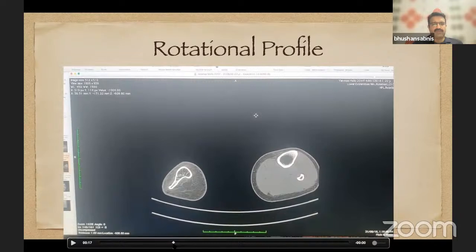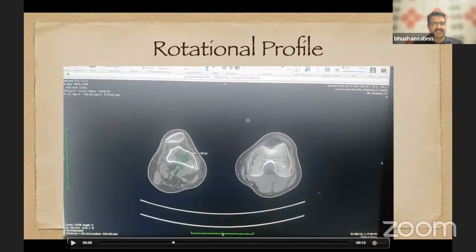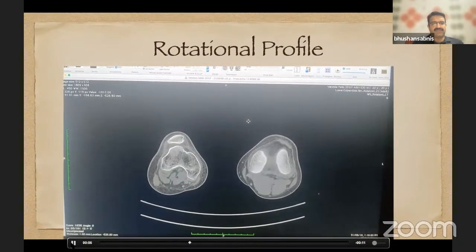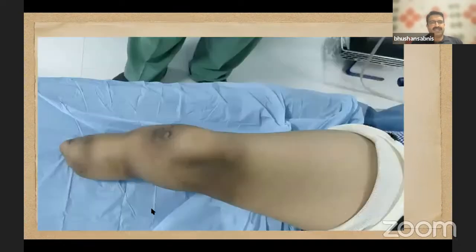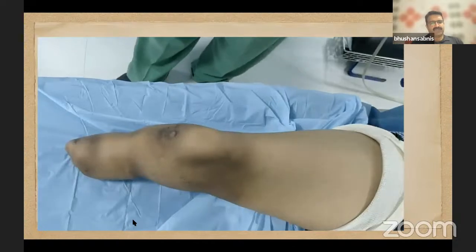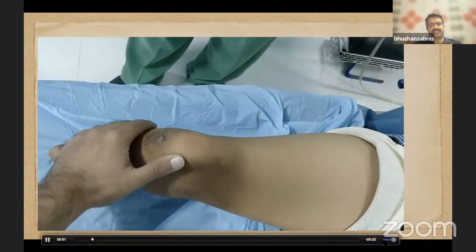So a good amount of muscle strength on the other side, but that's her rotation. So if I just get that perfect angle for me. So that's her level of internal rotation. You can see a small bump there, and the patella is not engaging, and she's had multiple episodes of dislocation till now. That's how her leg looks.